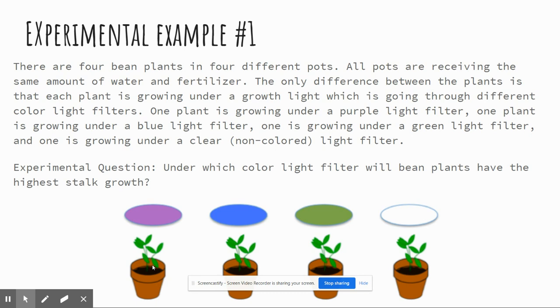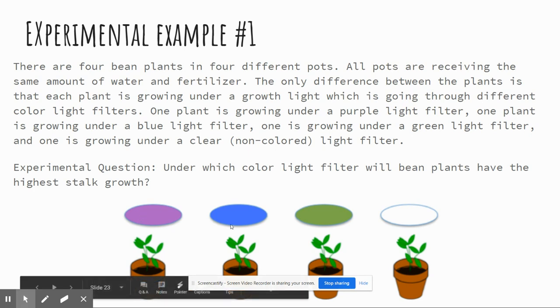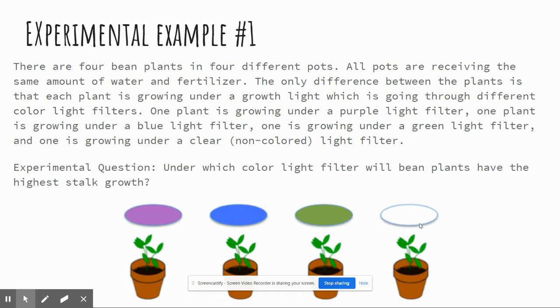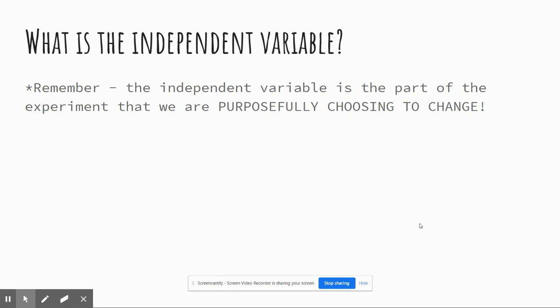So here they're trying to keep everything exactly the same between all of the different trials except for these light filters, okay? So this one essentially is going through purple light, this one's blue, green, and then clear or just regular light, okay? So if we look and we think about that experiment, we're trying to figure out what our independent variable is.